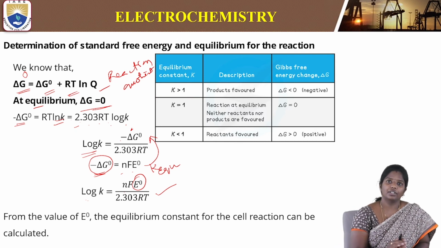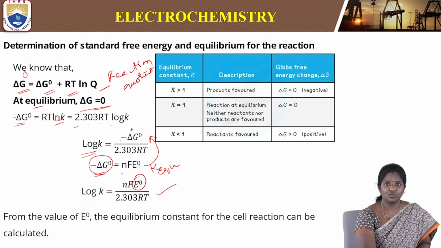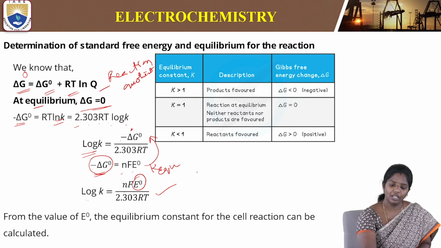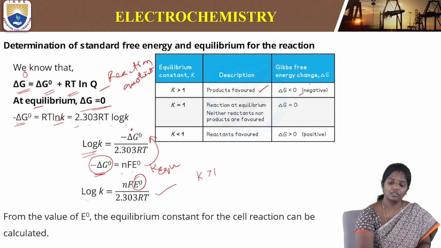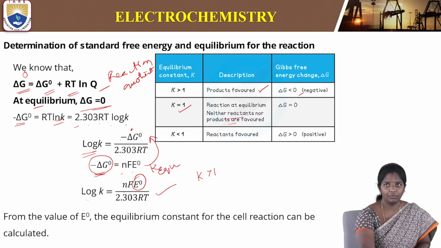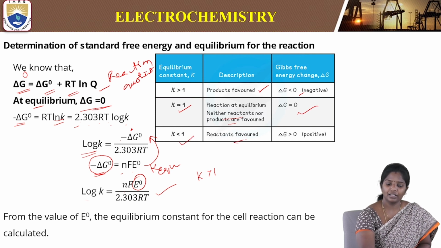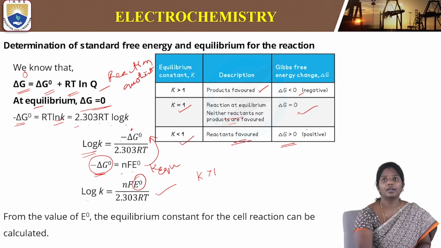If K is greater than 1, products are favored and delta G will be negative. If K is equal to 1, neither reactants nor products are favored; it is at equilibrium, so delta G is 0. If K is less than 1, reactants are favored and delta G will be positive.